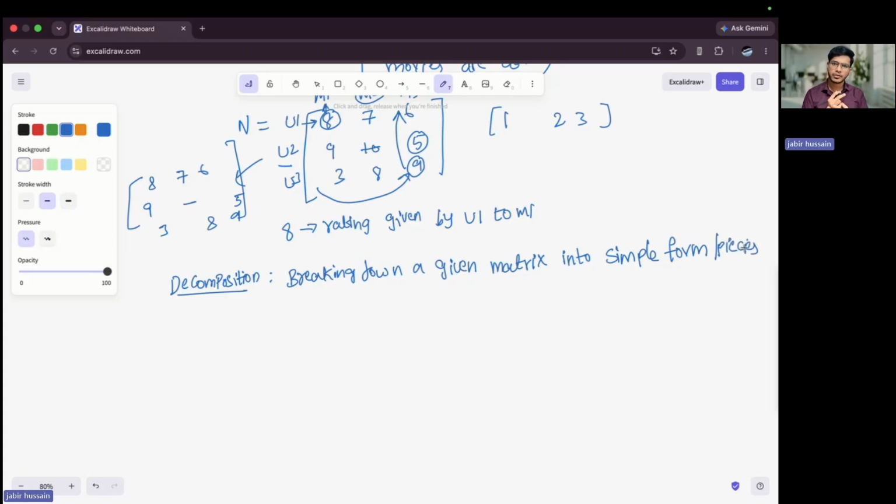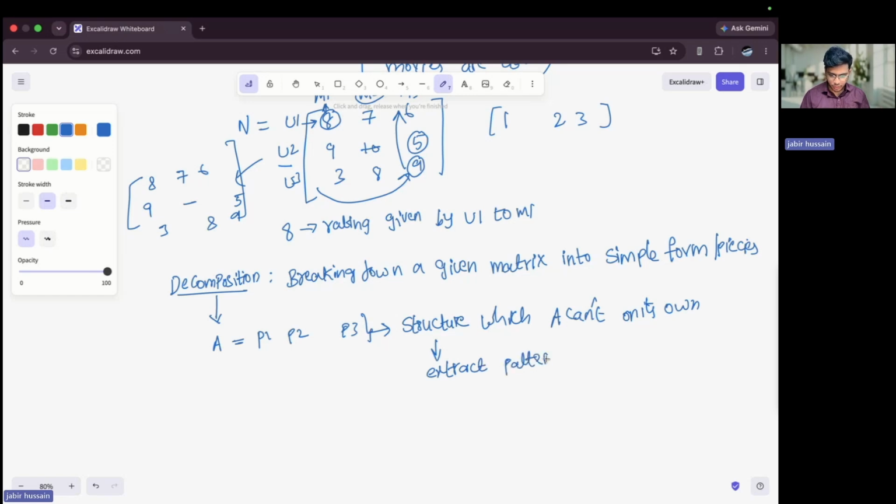And why is this important? Why do we do that? If you take a big matrix and break it down into different pieces, piece 1, piece 2, piece 3, these pieces give us the structure which A can't give on its own, and from this structure we can extract patterns.